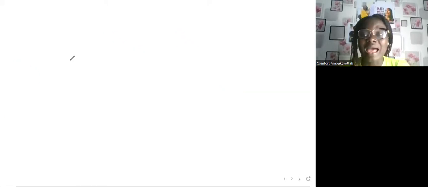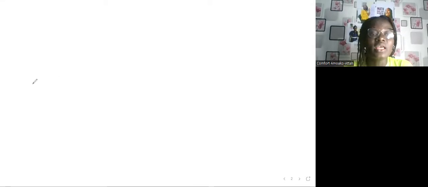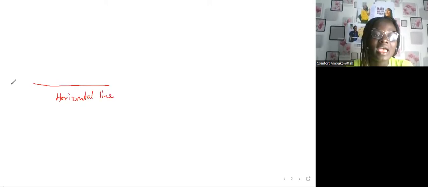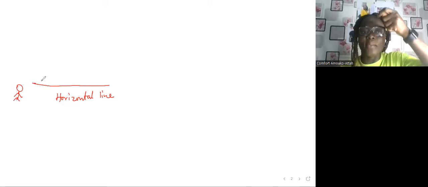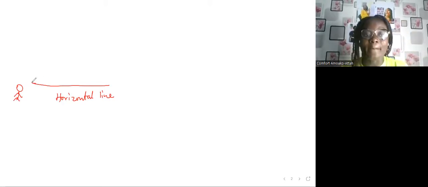Now, when you talk about angle of elevation, let's assume we have the horizontal line. This is our horizontal line, and this is Amma. Amma is standing over here and looks up, or raises her eye level up.